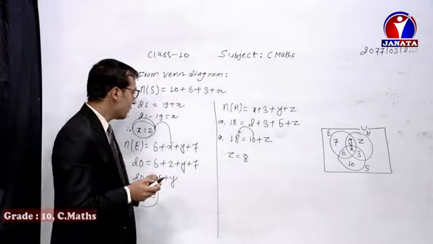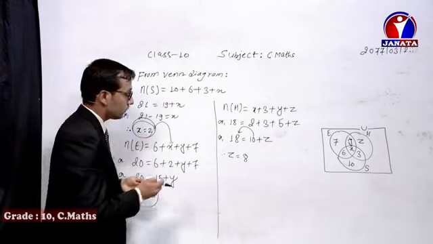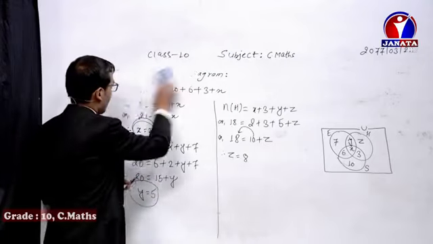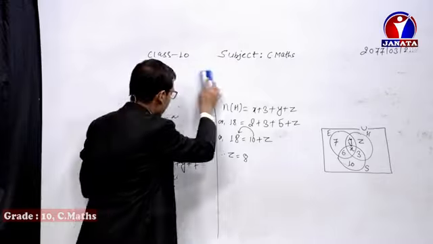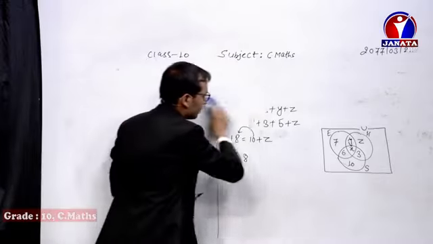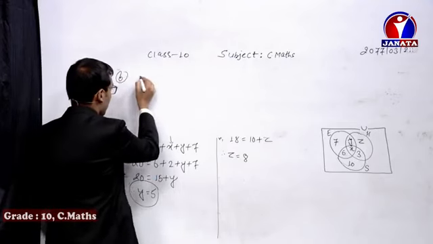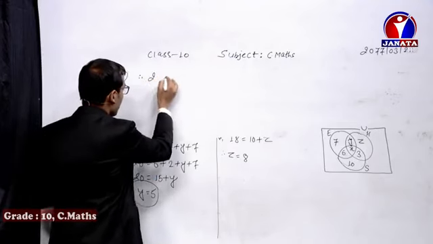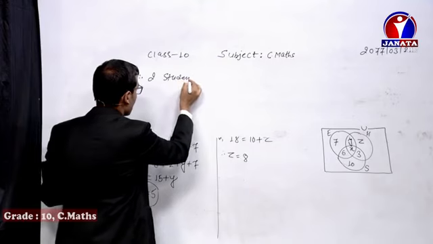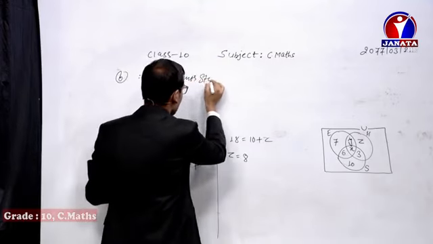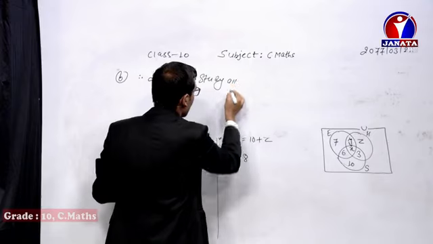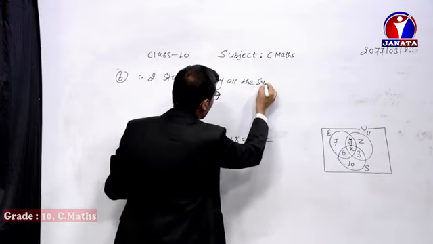What is the value of x? It's 2. So 2 students study all the subjects.